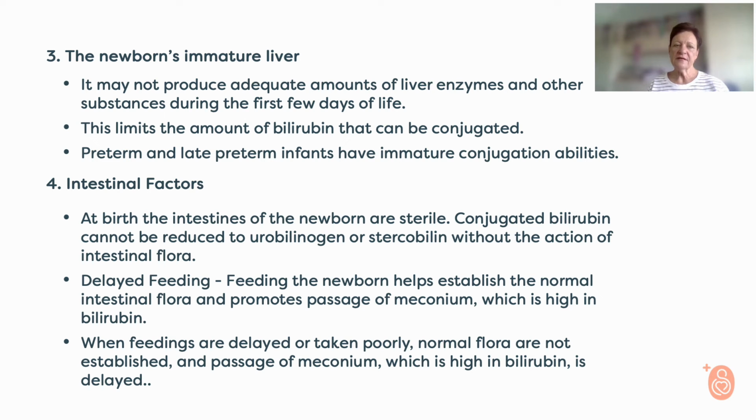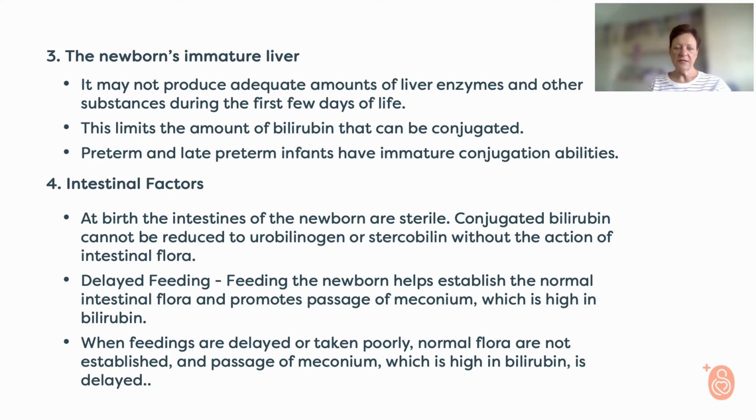So in some babies there's just too much bilirubin, and there are not enough liver enzymes for this process. And in preterm and late preterm infants, obviously, there are also not enough liver enzymes yet to help with the conjugation.